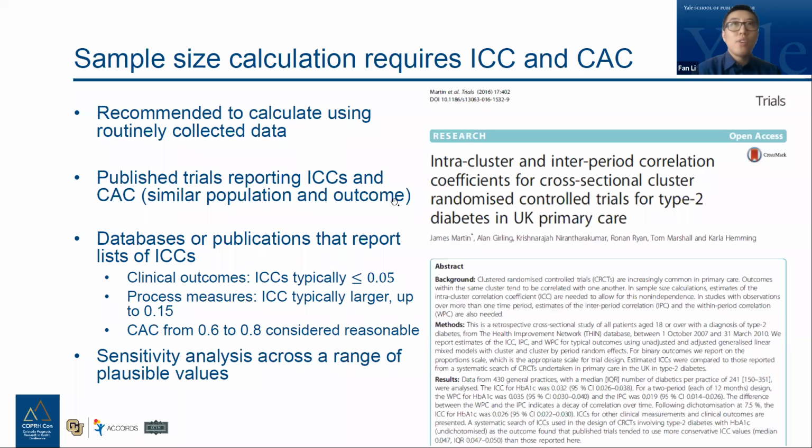I think the answer is, in practice, I know that people have done it in actual trials, but I'm not really aware of any methods work that tackles this issue. There are several papers that talk about how to do re-estimation of sample size in parallel cluster randomized trials, but not specifically in SW-CRTs. So that would be a really great topic to investigate for sure.